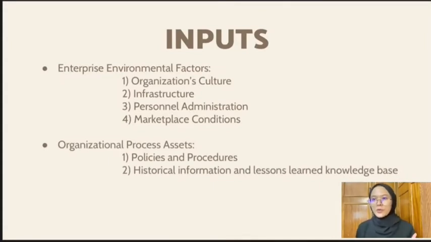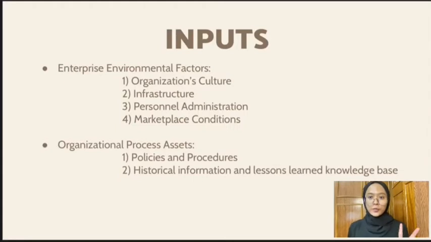The first one in enterprise environmental factors is organization's culture. Many times the outcome of the project can be judged based on organization culture. For example, if the organization is functioning under a productive work culture, then the project has a high chance of achieving the desired objective with the implementation of explicit scope management.